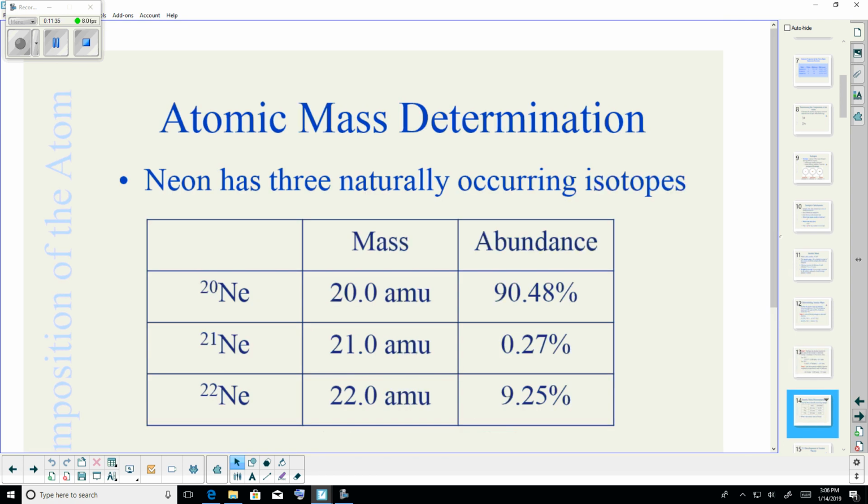So neon has 3 isotopes, and those are the abundances. So again, you'd make decimals out of the percentages.